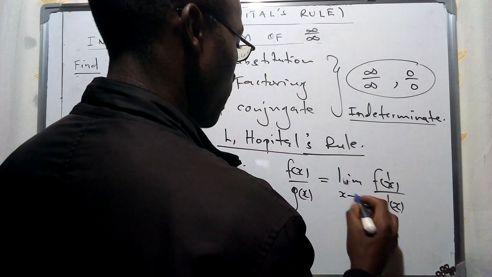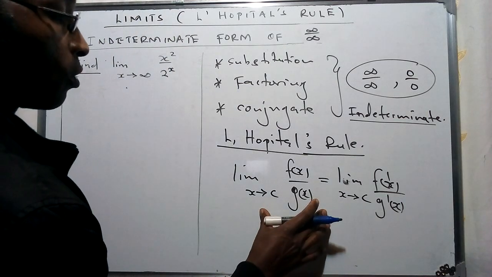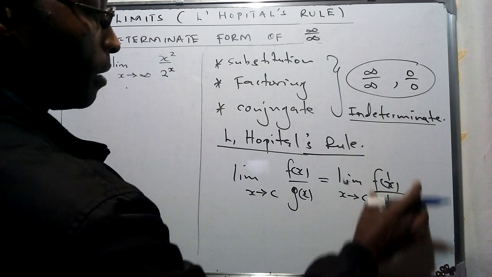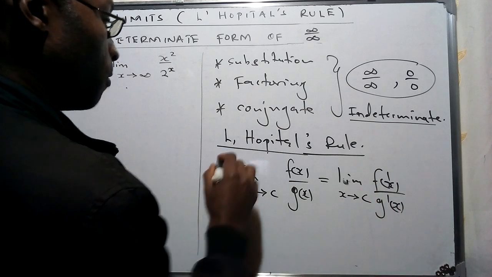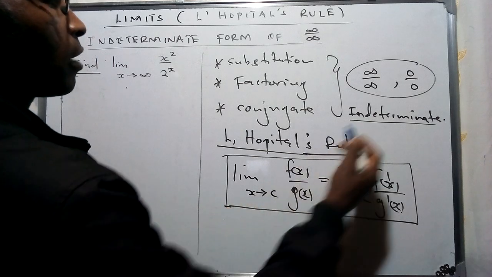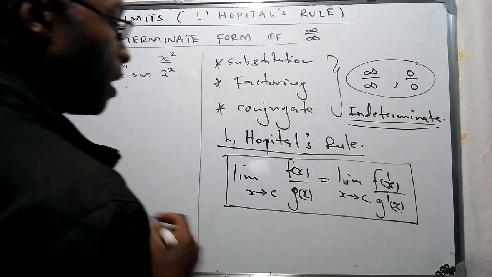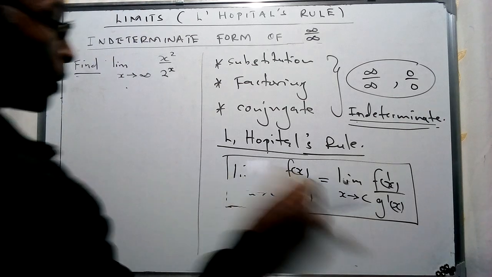The limit as x tends to c of this function is given as the ratio of the respective derivatives. In a sense, we can find limits of a range of expressions, especially those of indeterminate form, using L'Hopital's rule, which I've given at the bottom right of the board.